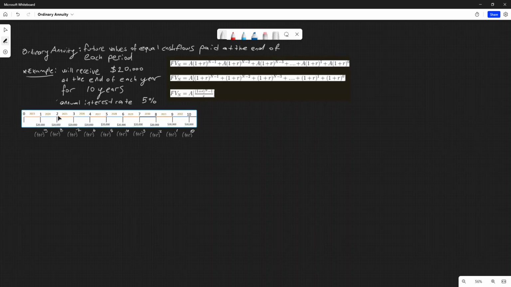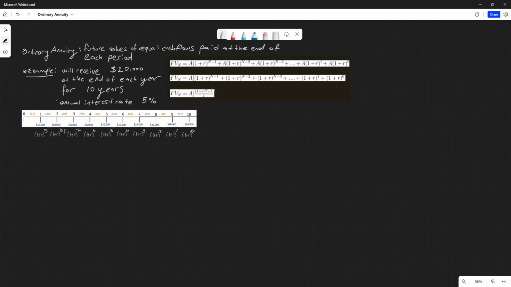At the second point, the 31st of December 2024, the final day of 2024, you will receive an equal cash flow, which is $20,000, and then you will compound this money for 1, 2, 3, 4, 5, 6, 7, 8 years.